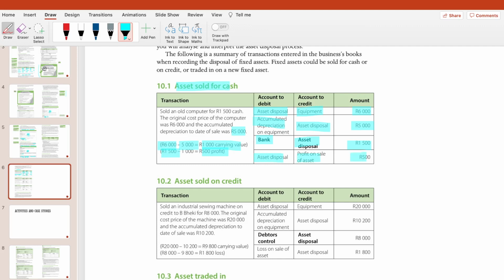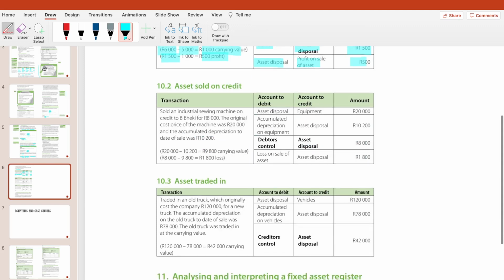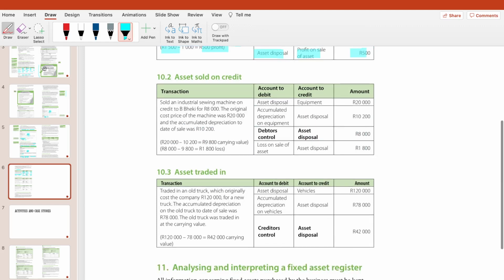When we sell an asset on credit, so we sold an industrial sewing machine for 8,000 Rand. The original cost price was 20,000 and the depreciation was 10,200. We will debit our asset disposal, credit our equipment account with 20,000, the original cost. We debit our accumulated depreciation on equipment account. We credit our asset disposal with the 10,200, that was the total depreciation.